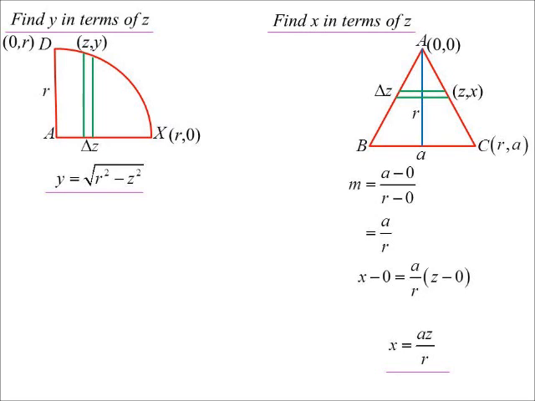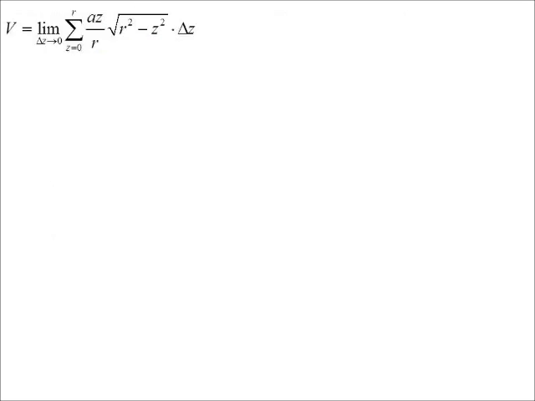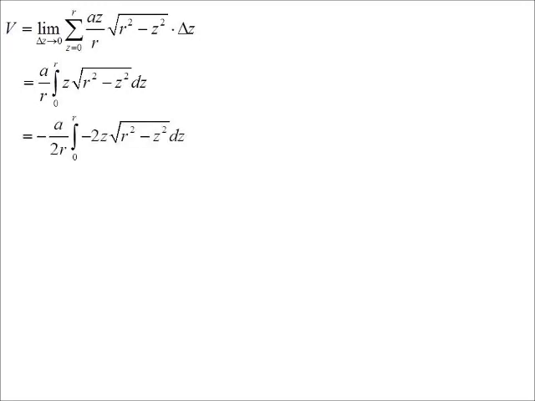Alright, we've done the hard bit. Remember we said area was simply x times y. Multiply those two things together. Get our element of volume. Now the z, we're going from 0 to r. There's our integral. Ooh, oh hang on. The z out the front, that's good, because the derivative of z squared is 2z, so I've got a function times derivative situation there.